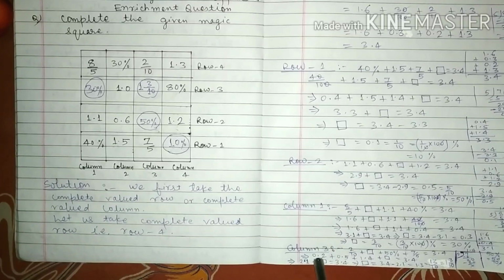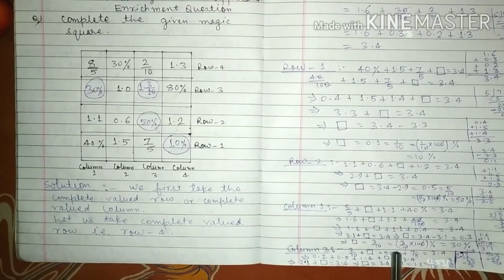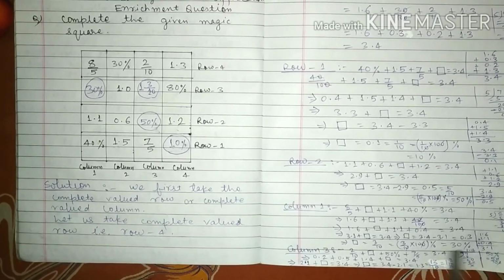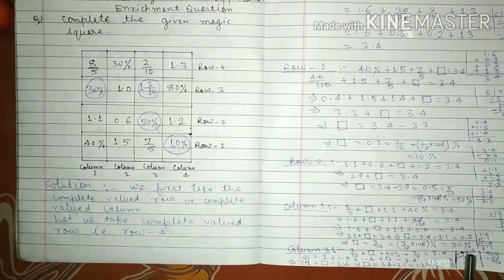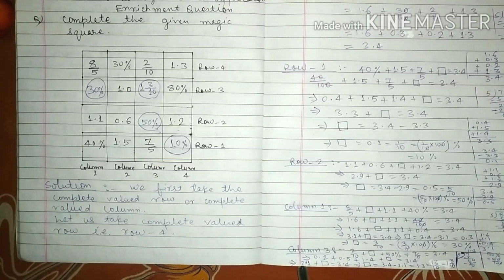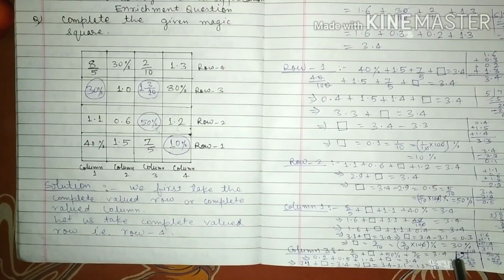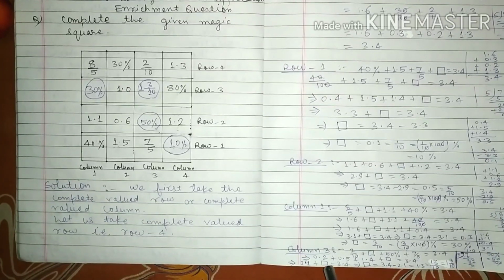This implies that 2 by 10 value is 0.2, then 50% the value is 0.5, and then box plus 1.4, as when we divide 7 by 5 we get 1.4. So 2.1 plus box equals 3.4. The value of box equals 3.4 minus 2.1. This equals 1.3. This can be written as 13 by 10. In mixed number we get 1 whole 3 by 10. This is the answer for column number 3.